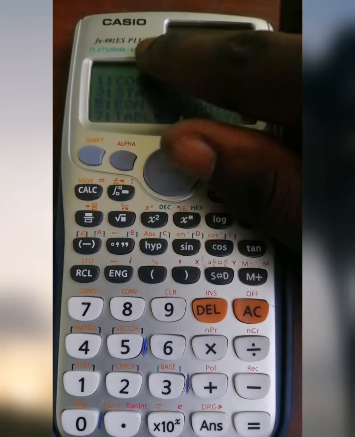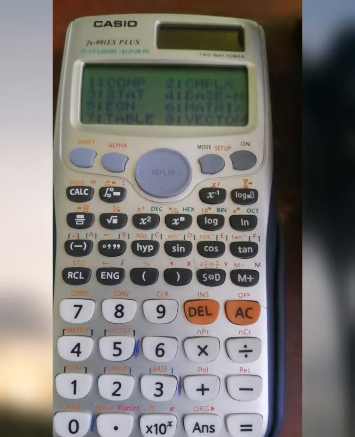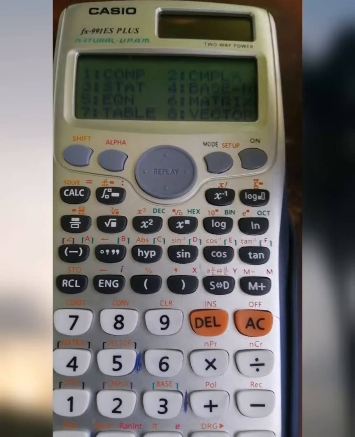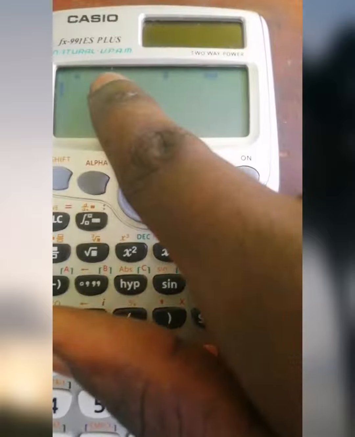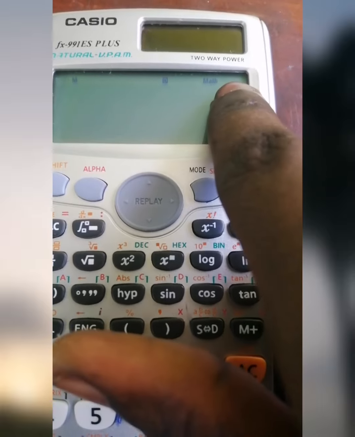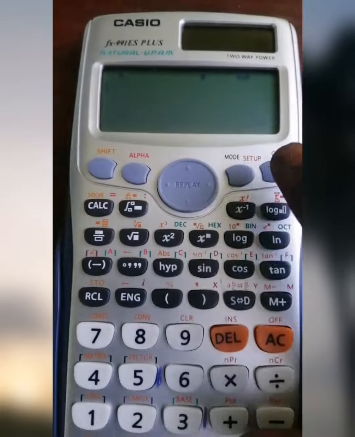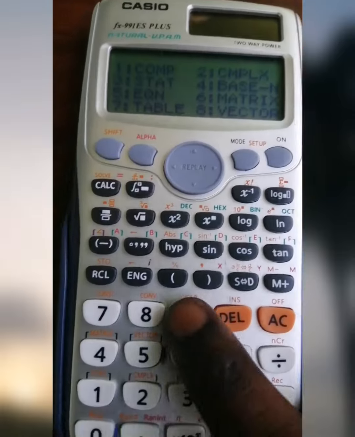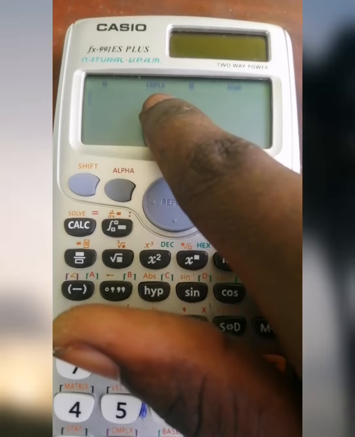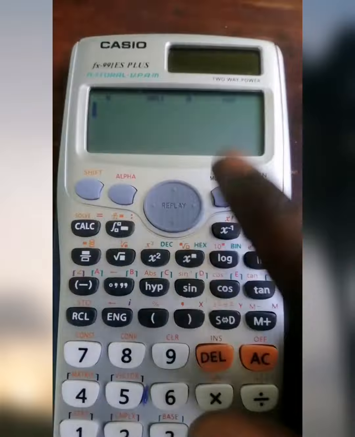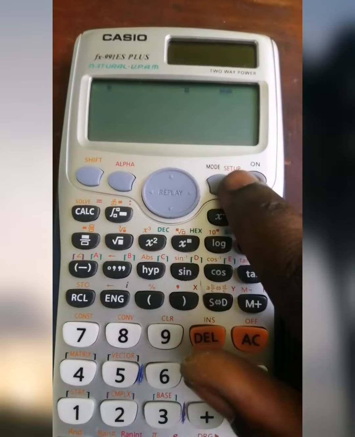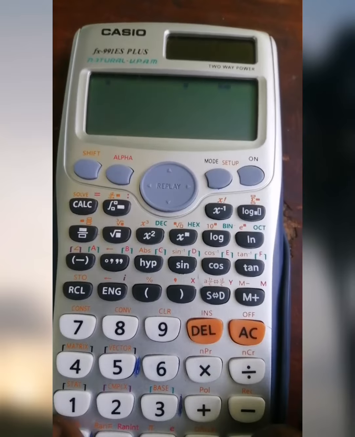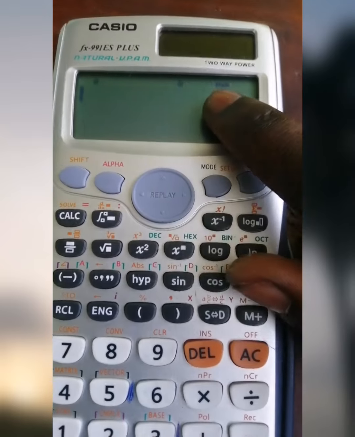If you want to change it, see the phases of the calculator: here we have M, D, and Math. If I want to change it to complex mode, I can just press 2. Now it has changed to complex. If you want to change it back to normal, you press mode and press 1, as in normal.